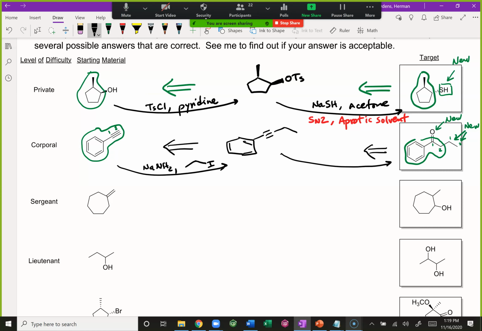Very good. So here you will add water, sulfuric acid, and mercury sulfate, which does absolutely nothing in my opinion. And then you get, this is called hydration with tautomerization.